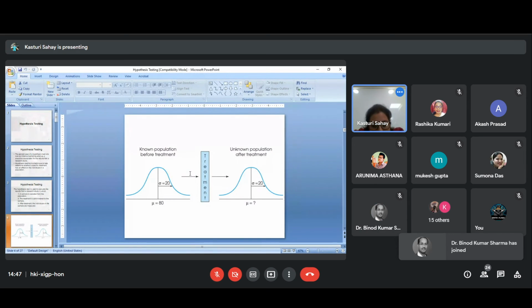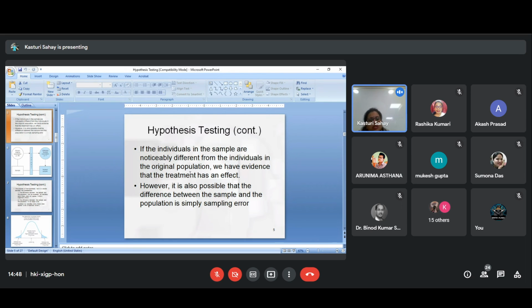Now, this is a representation: a population before treatment, for which you have calculated the mean and the standard deviation, then you give the treatment, and then you have an unknown population after treatment. You don't know what the outcome is, so you need to find out the effect of the treatment you have given. That is all about hypothesis testing.